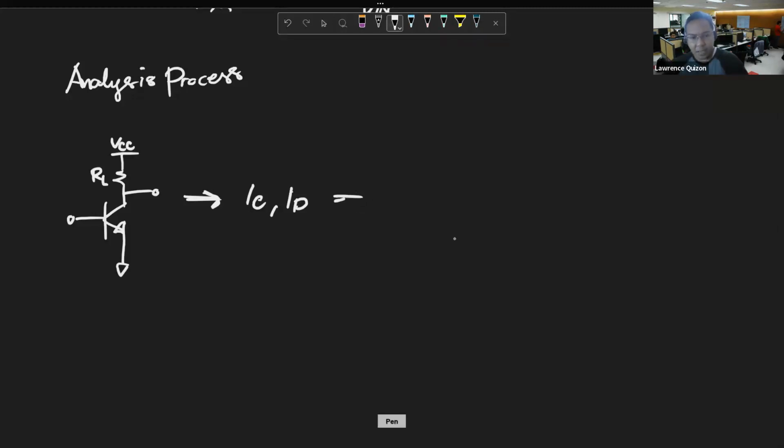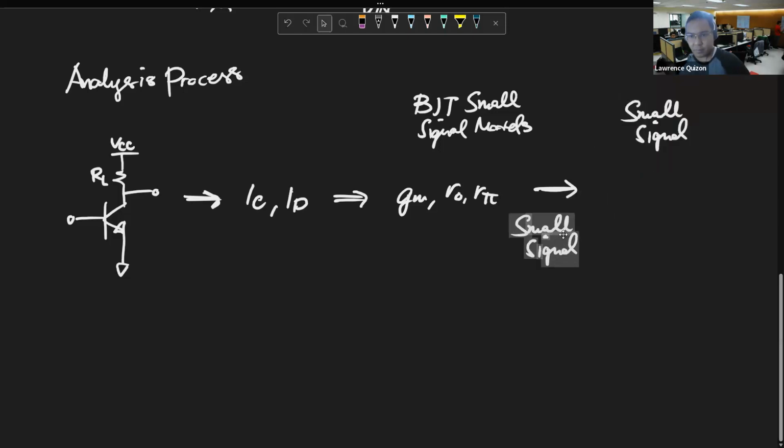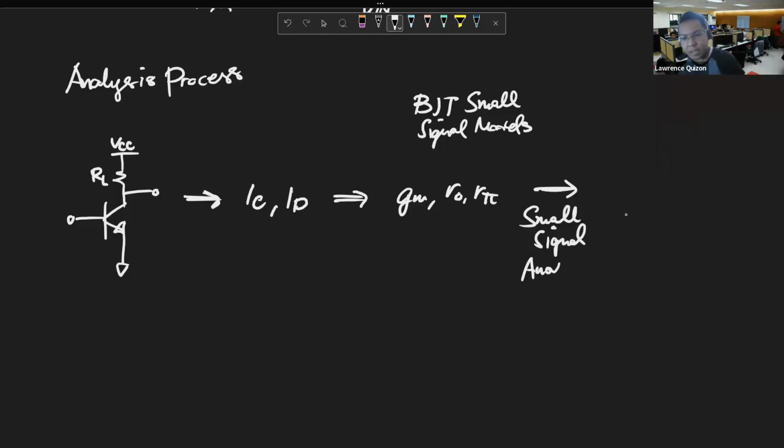And from IC and ID, we can get, from the lesson from last week, GM, R out, R pi, no? We can get the BJT small signal models, from which then we can do small signal analysis.